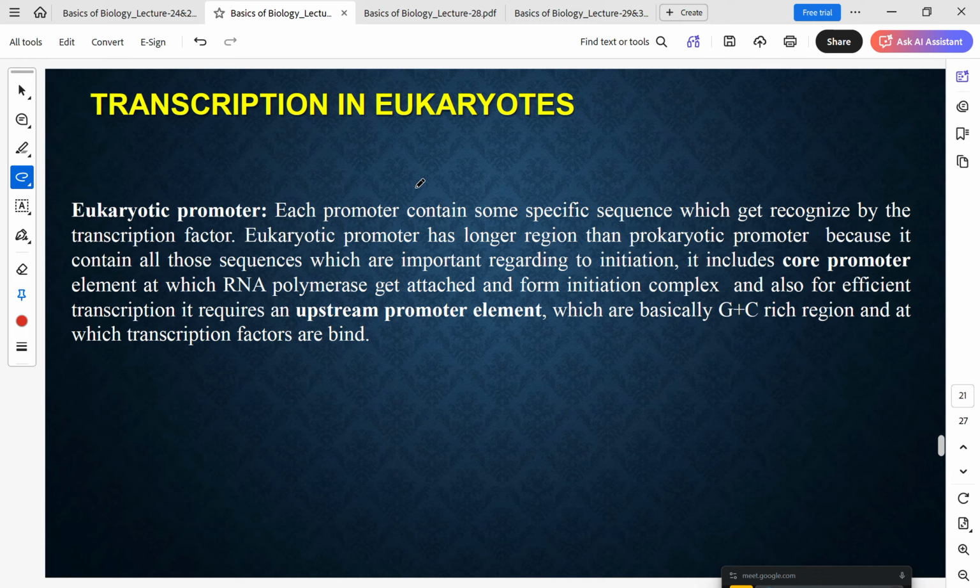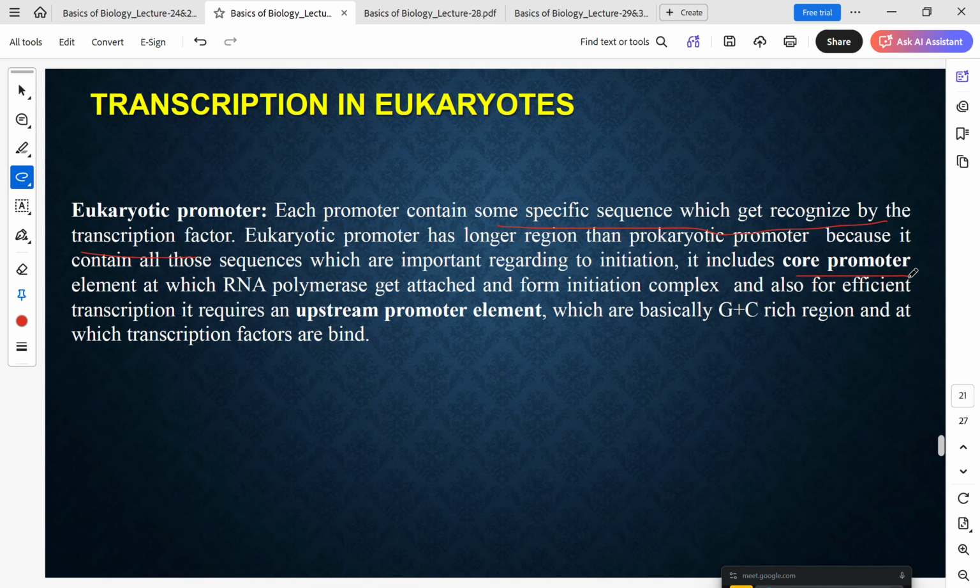Like the prokaryotic sequences, the eukaryotic promoter has some specific sequence which gets recognized by transcription factor. It's usually longer than the prokaryotic promoter because this requires more sequences for more specificity.